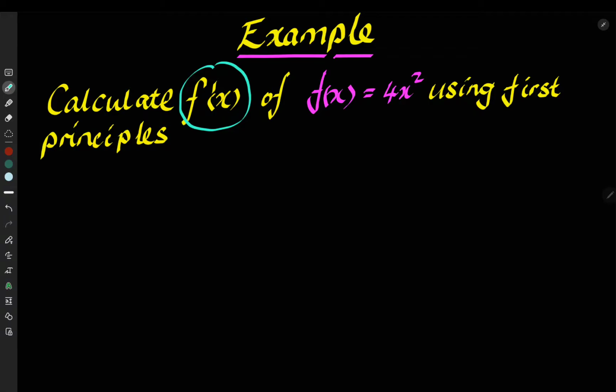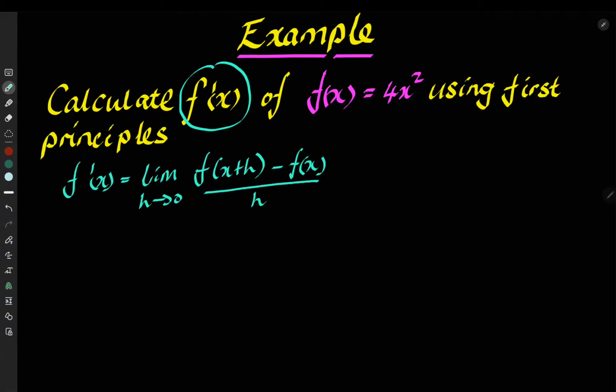So the first principles formula states that the first derivative of x is equal to, first of all, limit h approaches 0, then function of x plus h minus function of x, divided by h. What you want to determine here is just the function of x plus h, because you already have the function of x, which is equal to 4x squared.